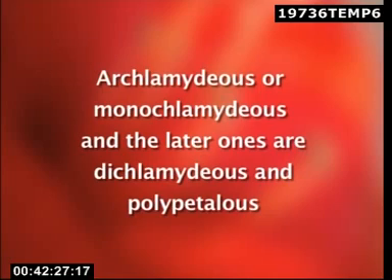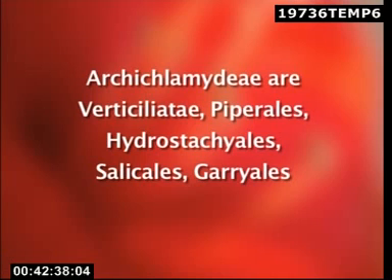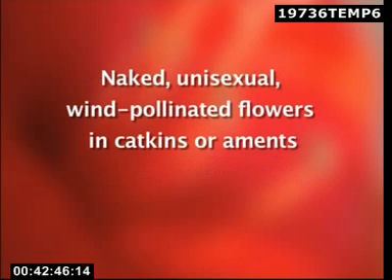In the Archichlamydae, the first families are Achlamydous or Monochlamydous, and the later ones are Dichlamydous and Polypetalous. The first orders of Archichlamydae are Verticillatae, Piperales, Hydrostachyales, Salicales, Garryales, etc., which have naked unisexual wind-pollinated flowers in catkins or aments.